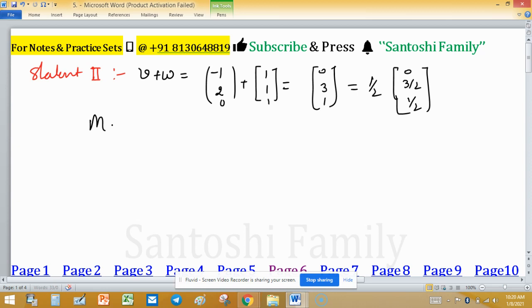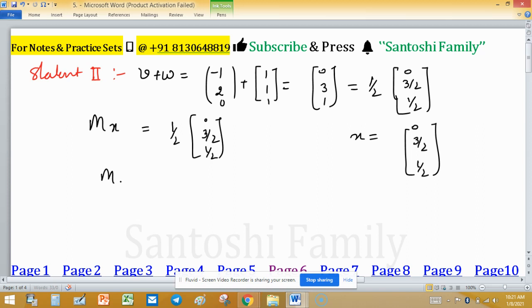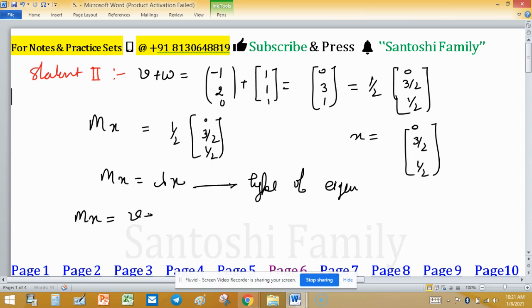So Mx equals lambda x type, with half as the eigenvalue, the condition for an eigenvector. So Mx equals v plus w.